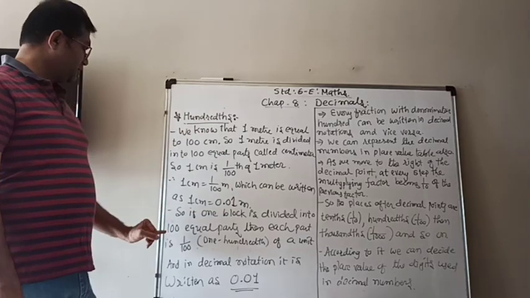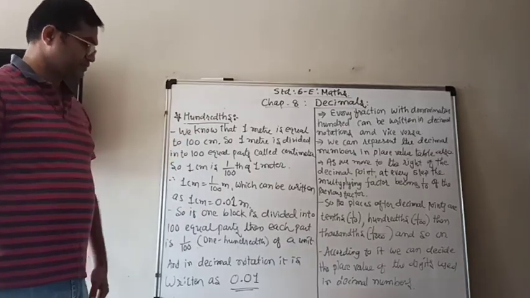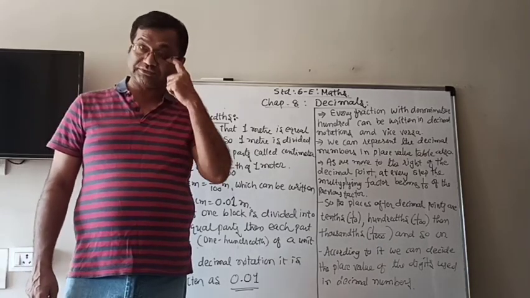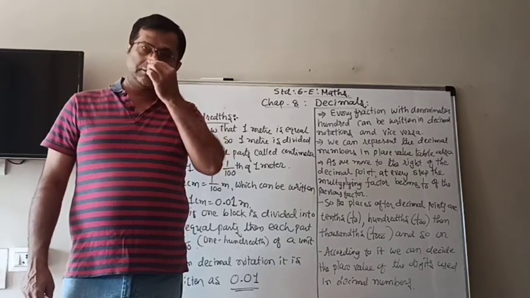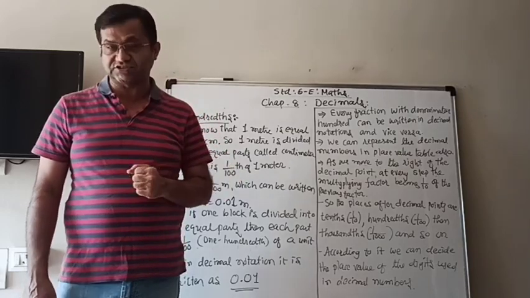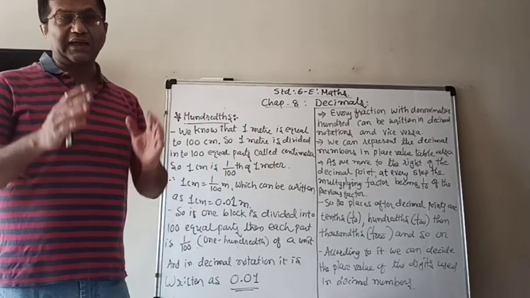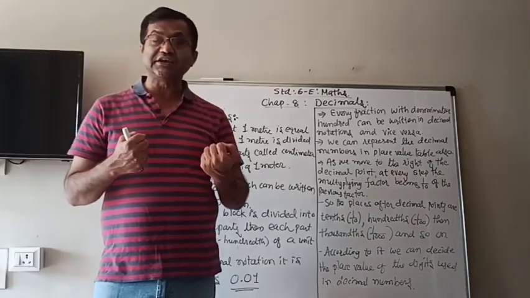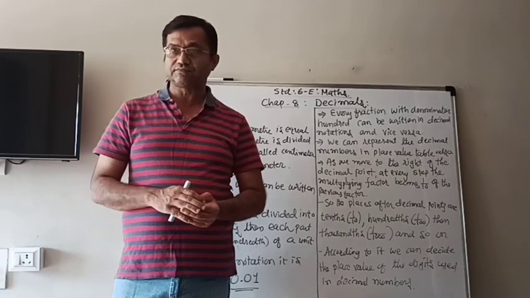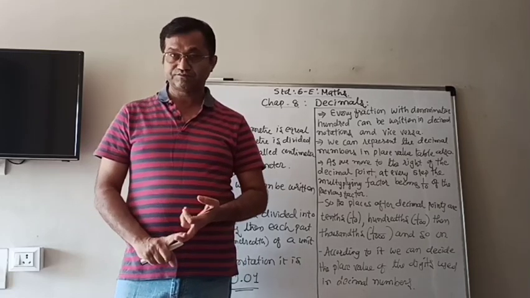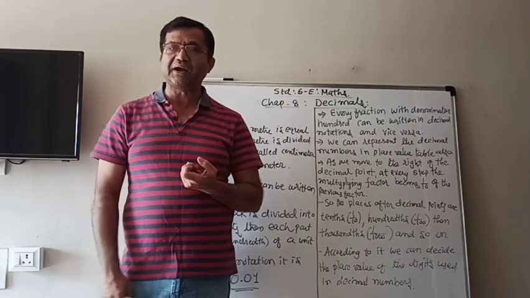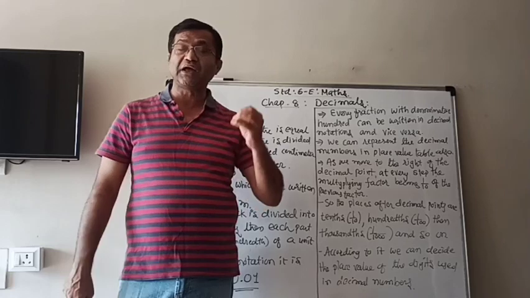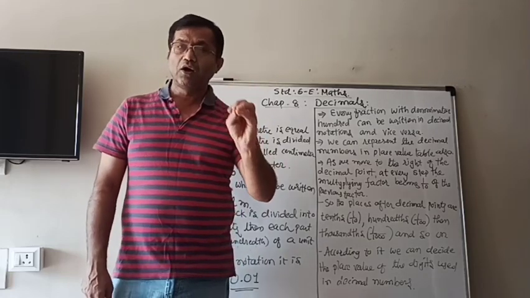It means that if one block is divided into 100 equal parts, because the base is the hundredths, the parts should be equal, then each part represents 1/100th of the whole block.